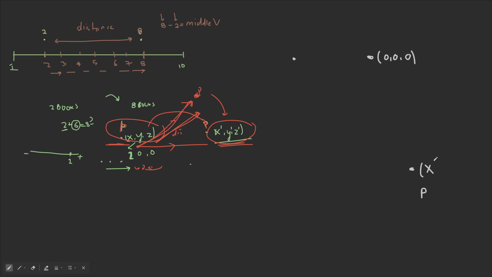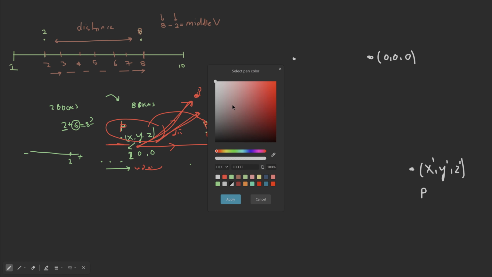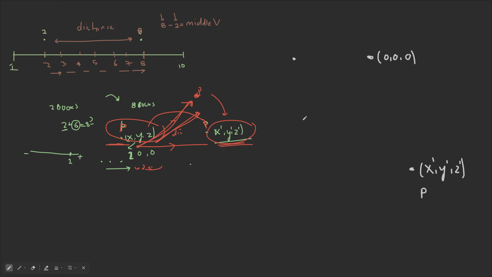This is X1, Y1 and Z1. I will use a different color, let's say bluish purple. And I will say you are at X, Y and Z. You need to go there.